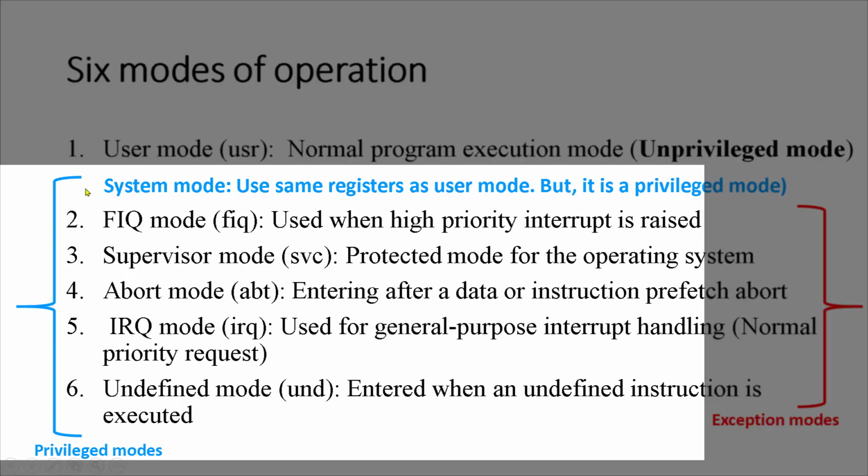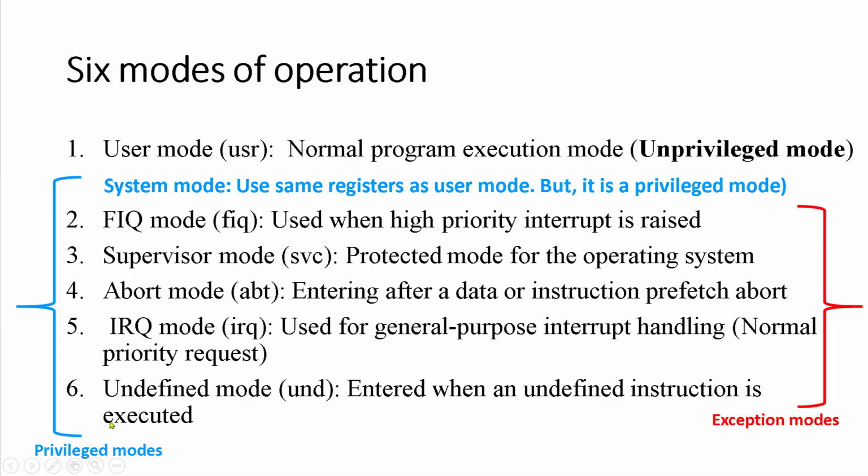These modes, the system mode, FIQ mode, supervisor mode, abort mode, normal interrupt mode or interrupt request mode, and undefined mode, are called privileged modes. The user mode doesn't have any privilege, so it is called unprivileged mode.